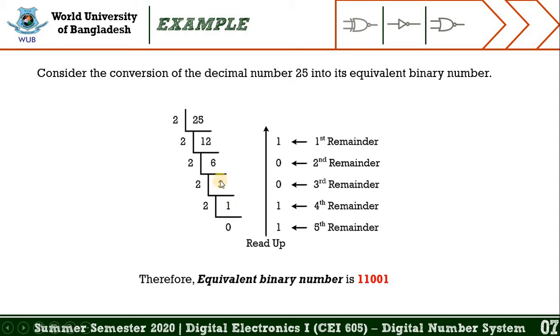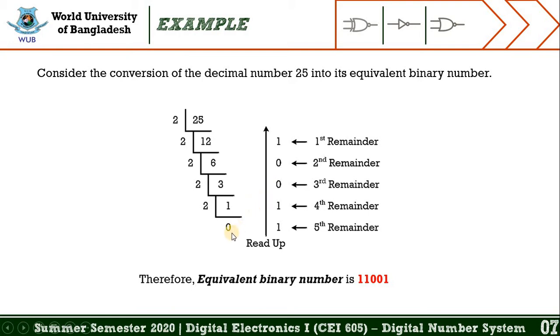A question may arise in your mind: how long do we divide? It's simple: we need to divide until the quotient part is 0. So next, we divide 3 by 2, and we get 1 in the quotient part and the remainder is also 1, which is the fourth remainder.